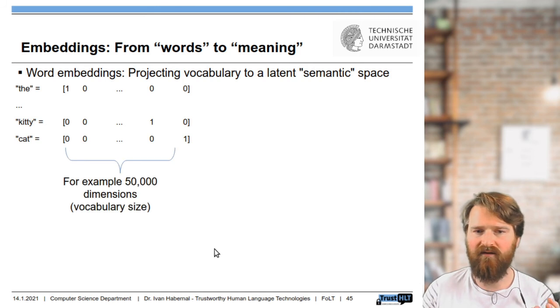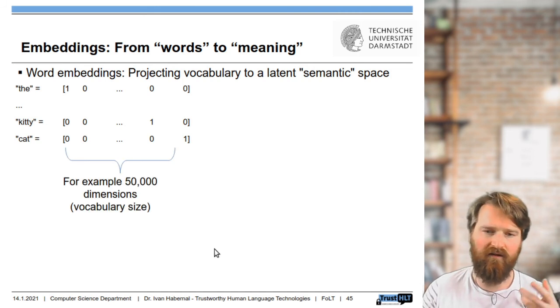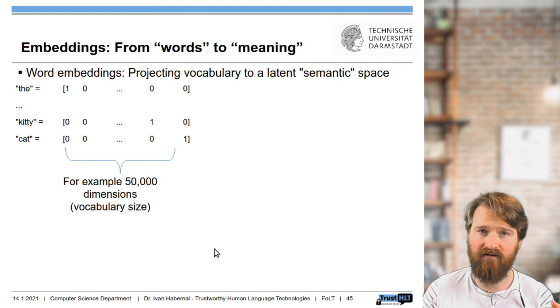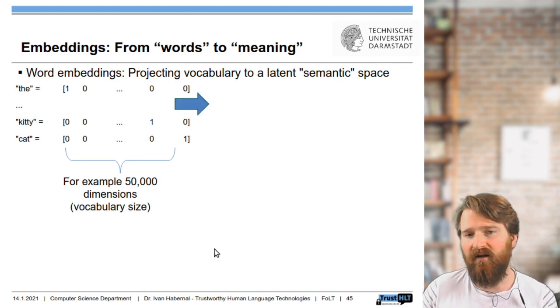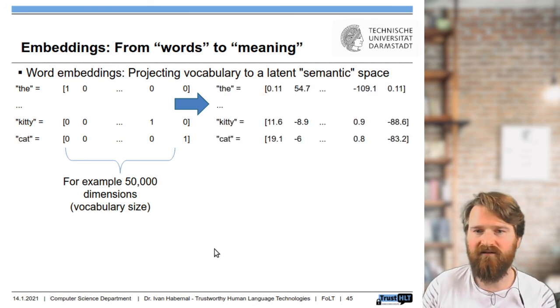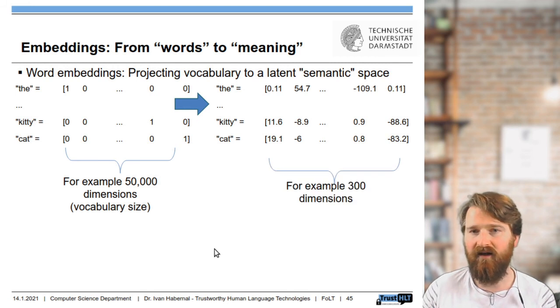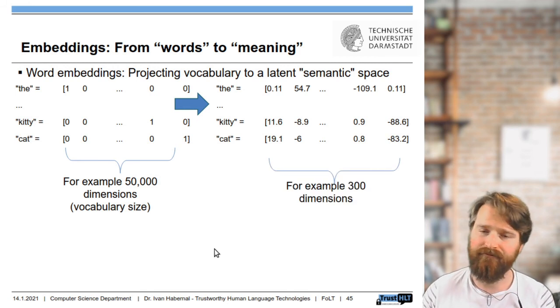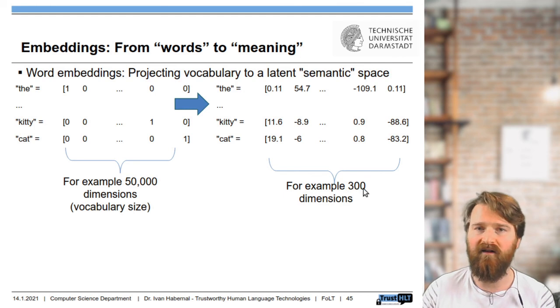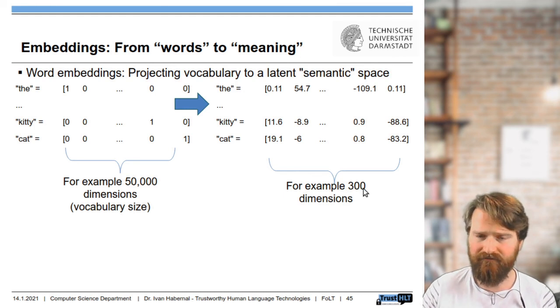Here we have, for example, only the 50,000 most frequent words. This is our vocabulary size, and we can, in theory, project the words into another space that has a smaller dimension, for example a 300-dimensional vector space.